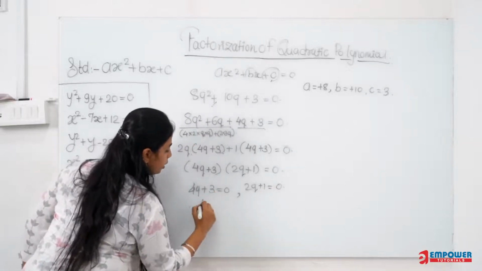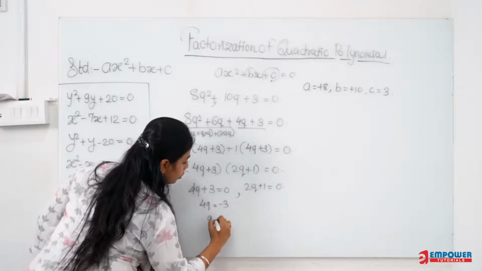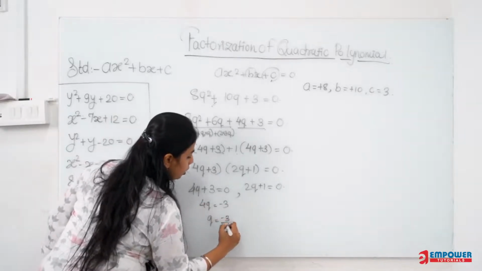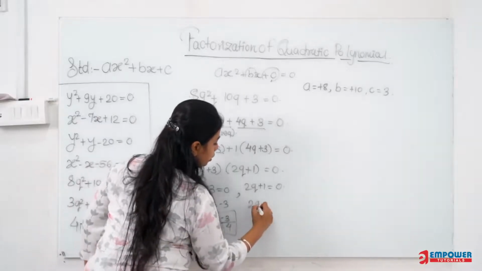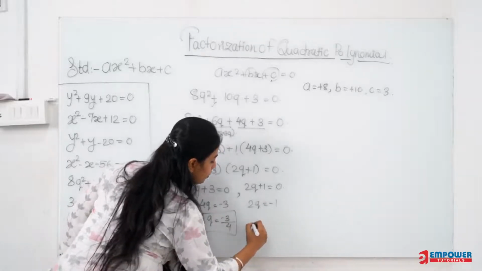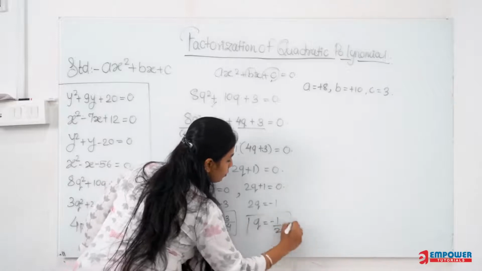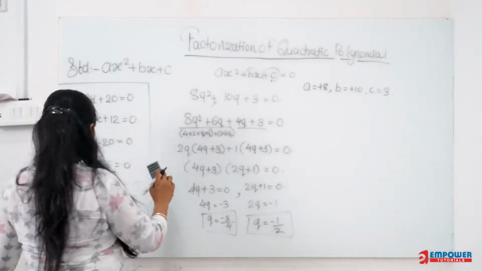This 3 will go to the other side and become minus 3, and q will be equal to, since here there is a multiplication sign, it will come in the denominator, so this is one value of q and another value of q is 2q. This plus will go to the other side and become minus 1, and q will be equal to minus 1 upon 2. So these will be the factors of this equation.